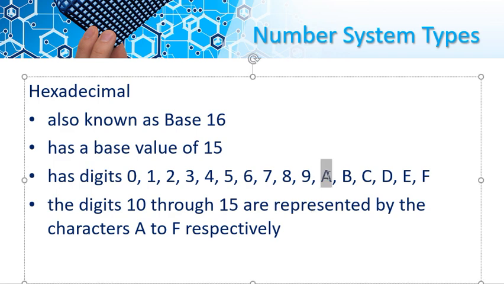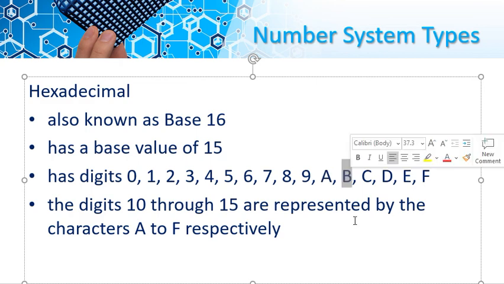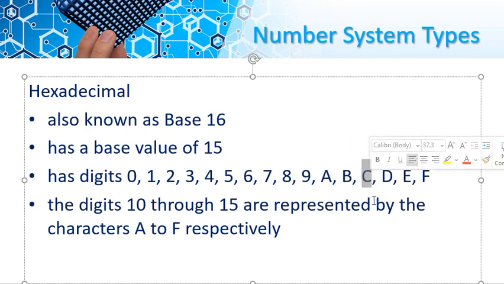So A is 10, B is 11, C is 12, D is 13, E is 14, then F is 15.